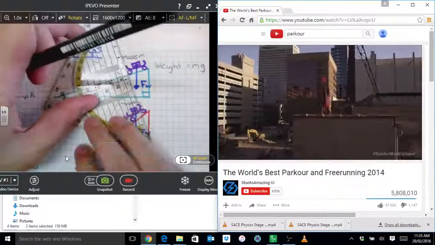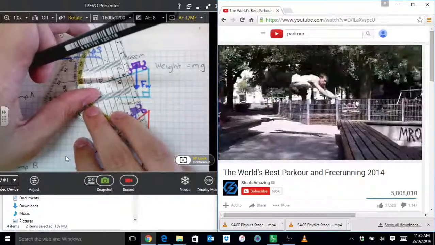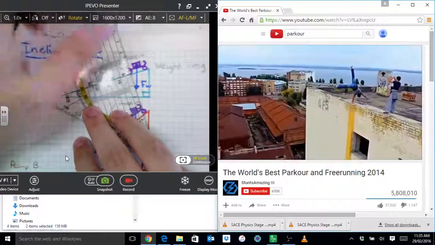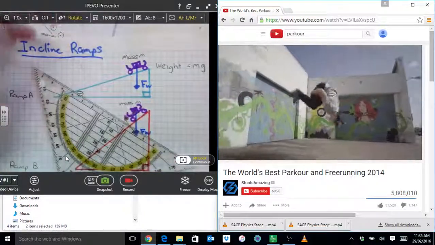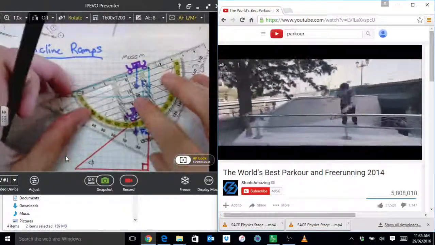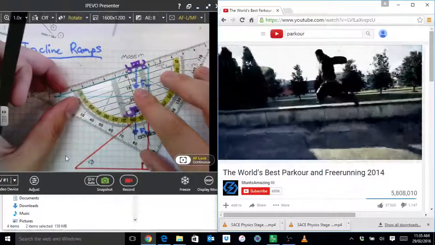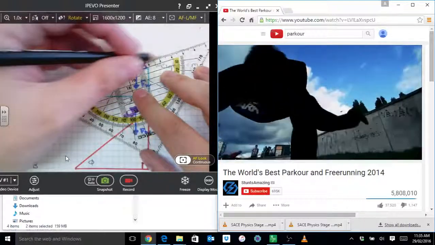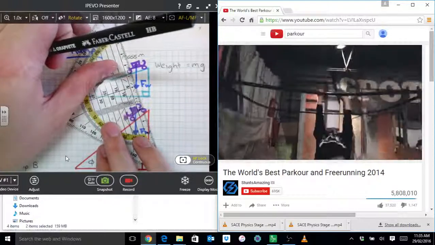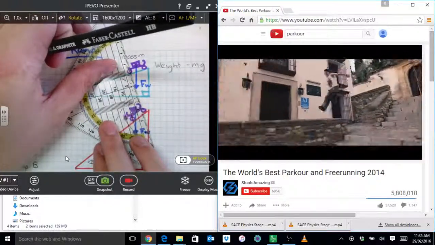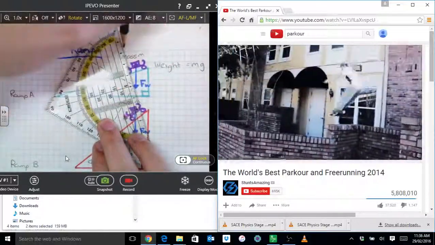Okay. So while we're here, let's get this. All right. So just draw some guiding lines, parallel and perpendicular. Just nice soft lines.